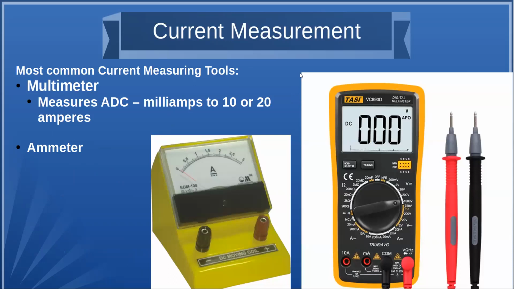And we normally measure current. Again, most everybody in the field will have a multimeter. And like I said, it does a bunch of different things depending on how much you pay for it. And one of the more expensive ones you can get will actually do RMS. This is an example of somewhat of a laboratory ammeter.